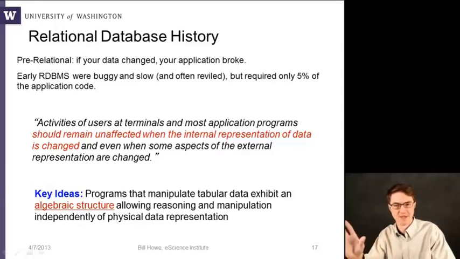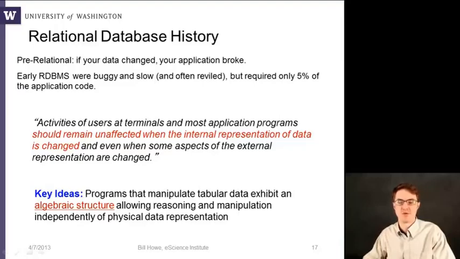And the reason I'm hitting this so hard is that this idea is still just as important now as it was then. All right, so I want to go through some of the other key ideas that are associated with relational databases, whether or not they were in the original paper. One key idea is that programs that manipulate tabular data exhibit this algebraic structure that we can use to reason about them and manipulate the logical model independent of any physical data representation.